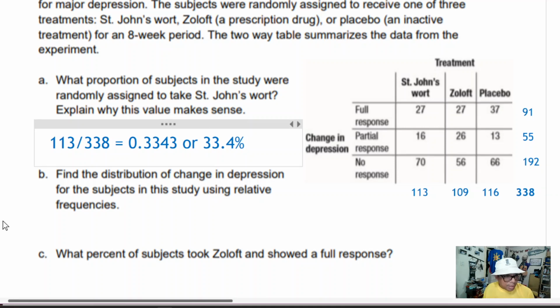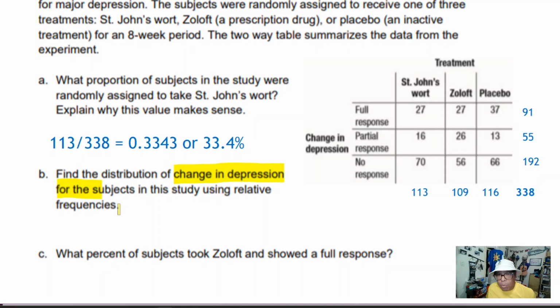Next, find the distribution in the change of depression for subjects in this study using relative frequencies. So here what we're going to do is take all the different changes in depression and find what proportion of the total each represents. So what is our first category?